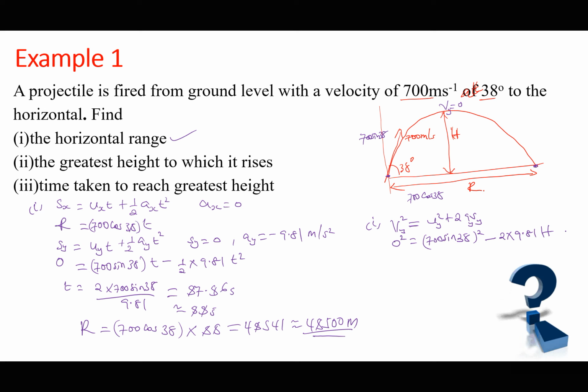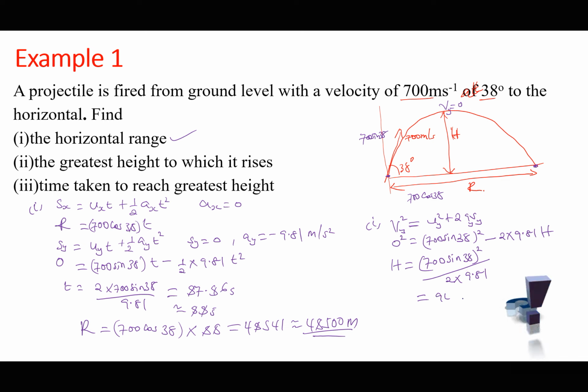So I've made h the subject, and h is equal to 700 sine of 38 squared divided by 2 times 9.81, and here the answer is 9466, or approximately 9500 meters. So that will be the greatest height.